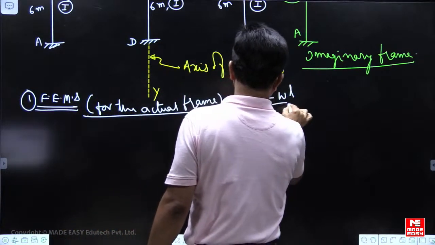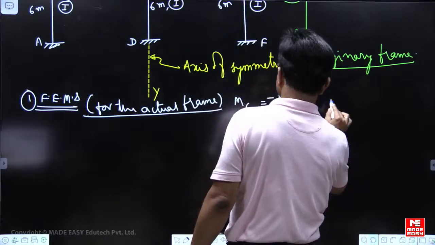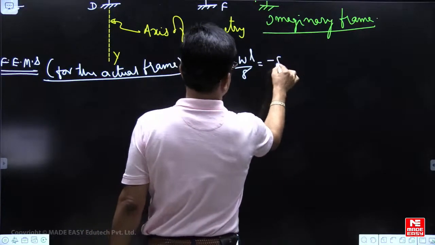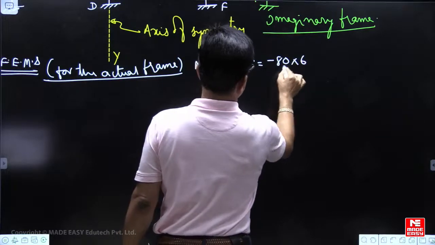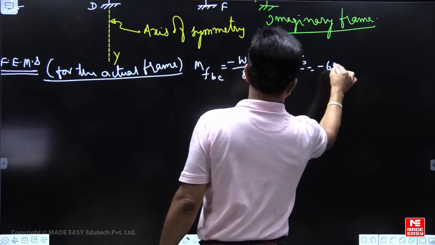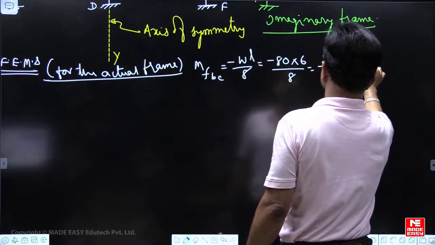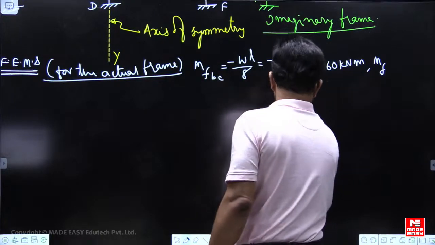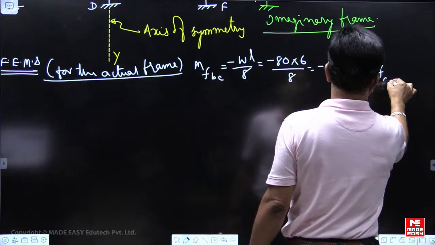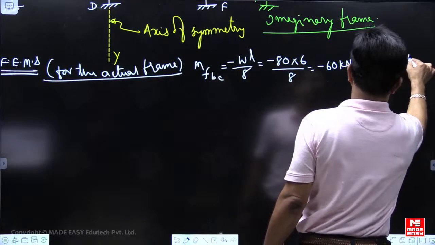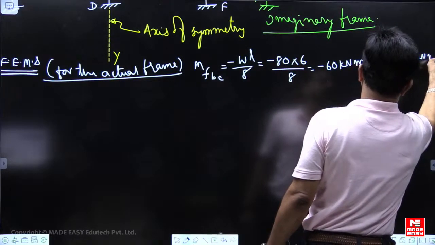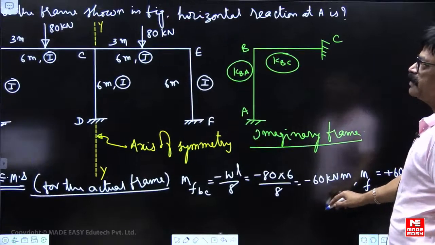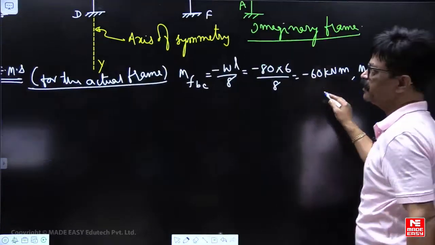MFBC is minus WL by 8, and WL by 8 is plus 60 kilonewton meter for CB.